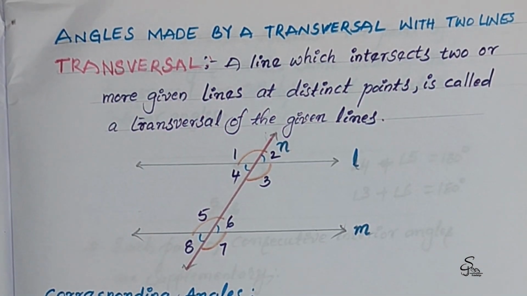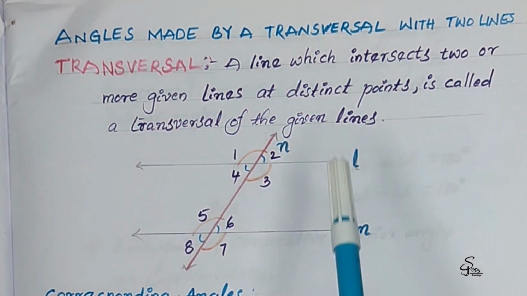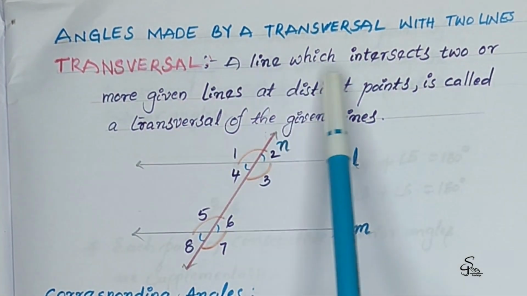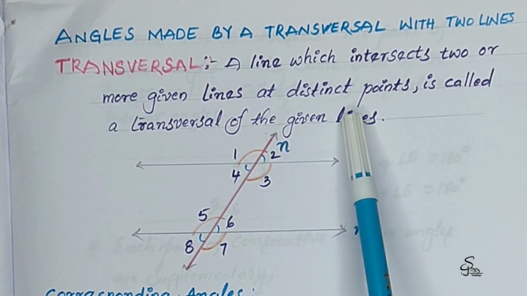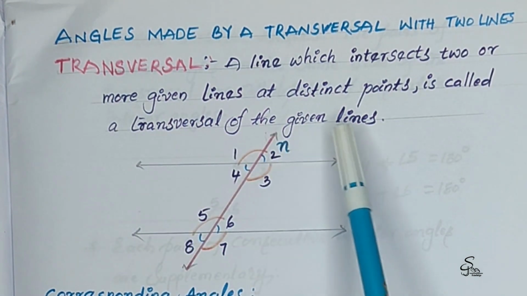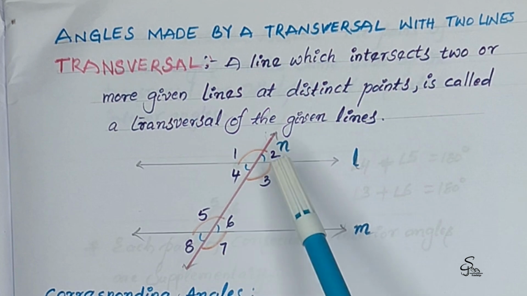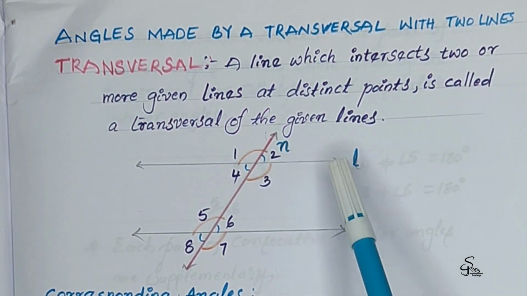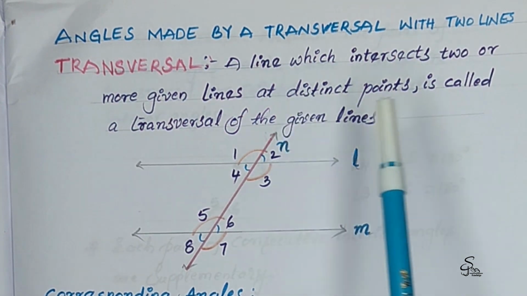Angles made by a transversal with two lines. A line which intersects two or more given lines at distinct points is called a transversal of the given lines.